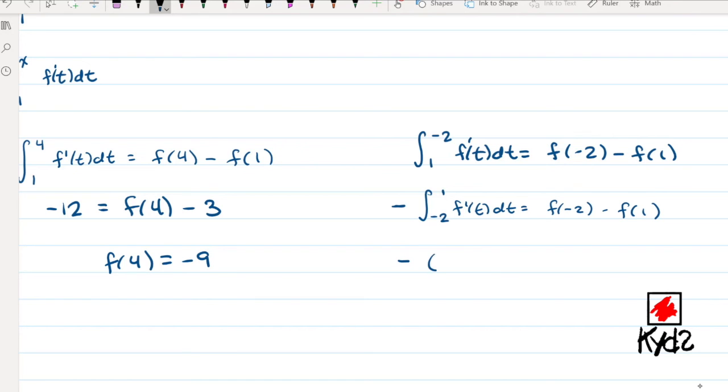The integral from -2 to 1 is 9, but because it's below the x-axis, it's going to be -9 is equal to f of -2 minus 3. So 9 is equal to f of -2 minus 3, so I get the answer f of -2 is equal to 12.